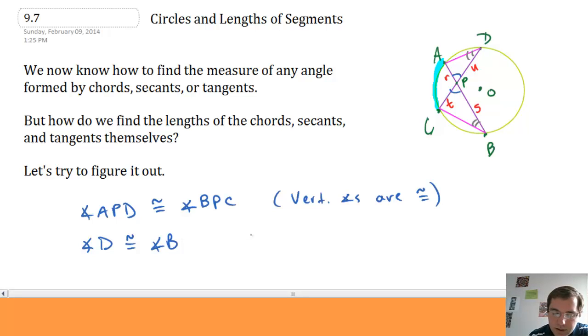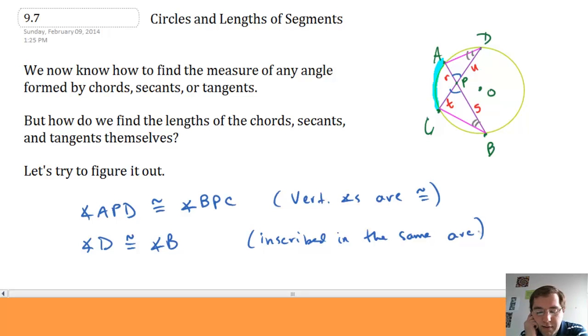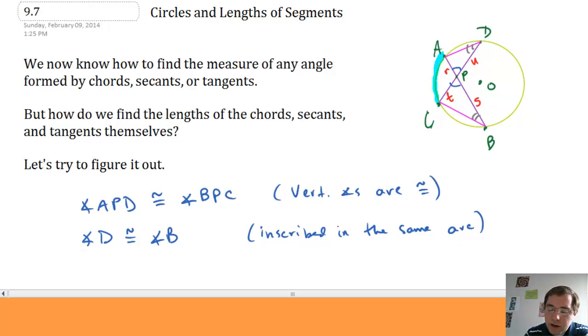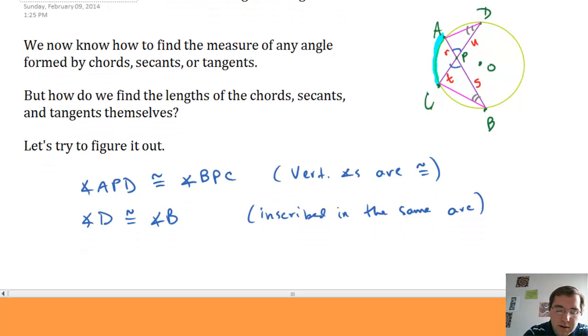They are inscribed in the same arc, so they're congruent because they're both half of arc AC. That gives me two angles within those triangles that are congruent. Well, that's nice, because if I have two pairs of angles within two triangles that are congruent, then those two triangles themselves are similar.